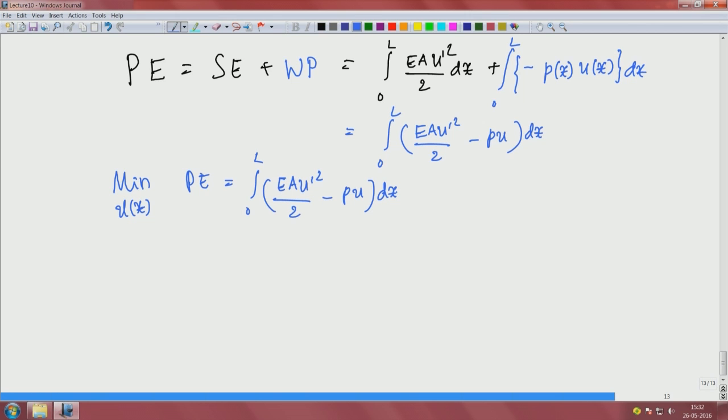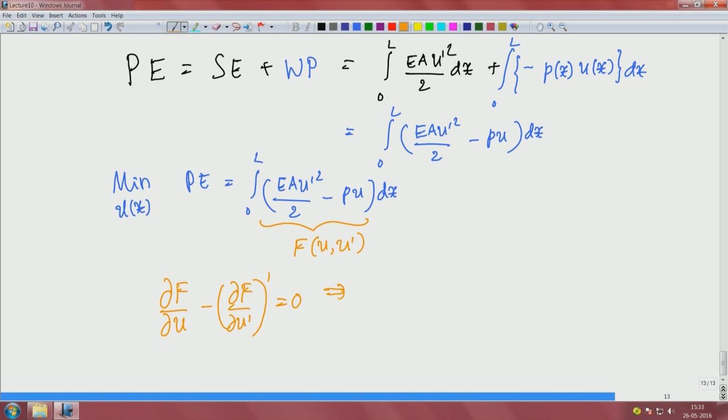Now, this is an integrand that depends on u and u prime. So, we can write the differential equation. If I call this f as a function of u and u prime, then the Euler-Lagrange equation is dou f by dou u minus d by dx of dou f by dou u prime equal to 0.